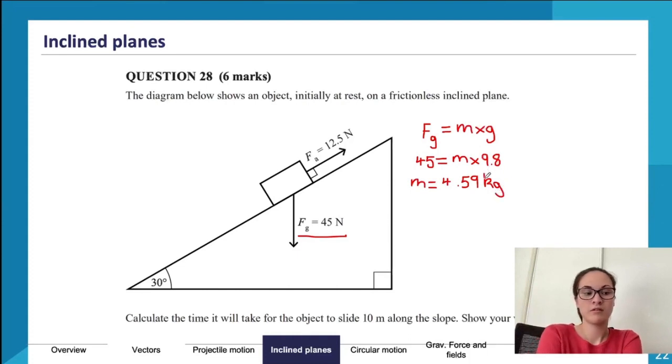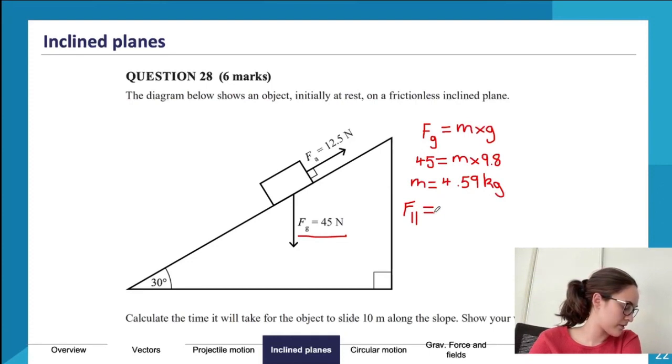Rightio. Our next step is to calculate the parallel force, the force parallel to the object. I'm pretty sure that's the force going down the slope here.